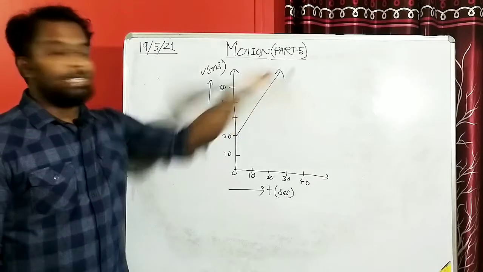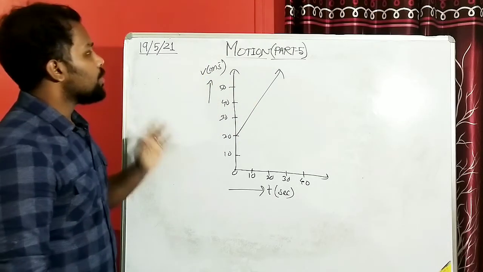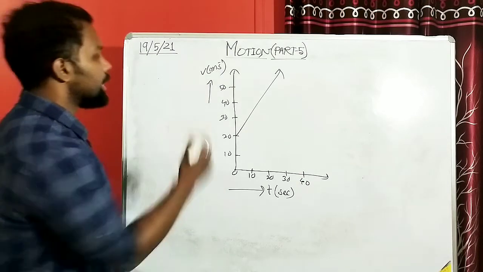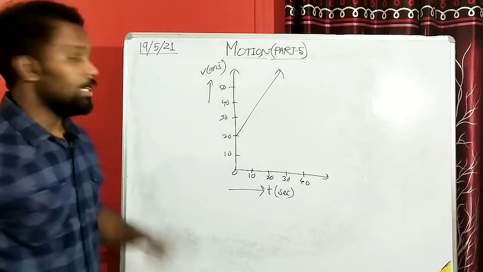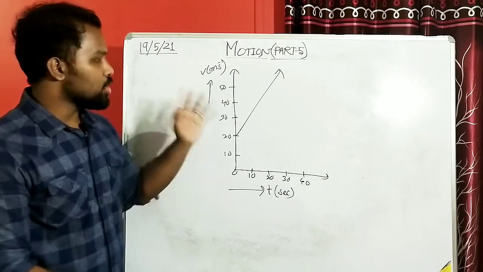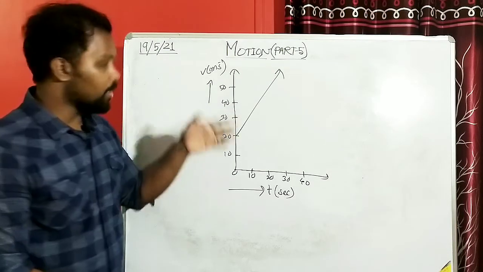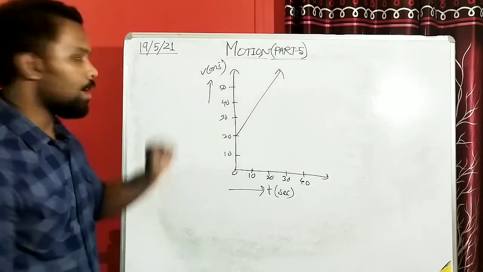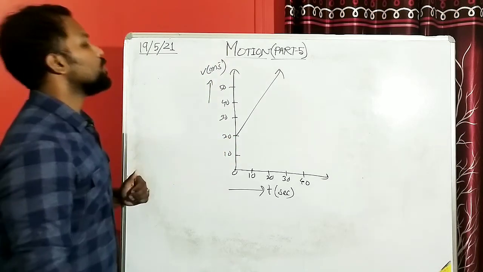This is the question that I asked in the last part of the video: give me the physical significance of this graph. Now look closely at this graph. Today I used this graph in proving those equations of motion using graphical representation, as I told you in the earlier part of this video.